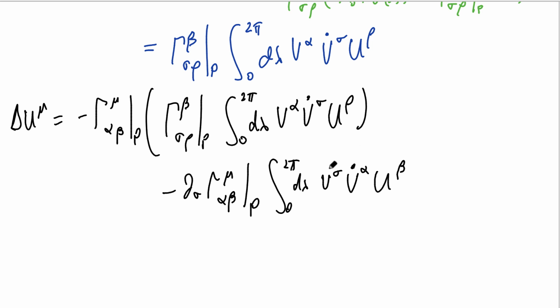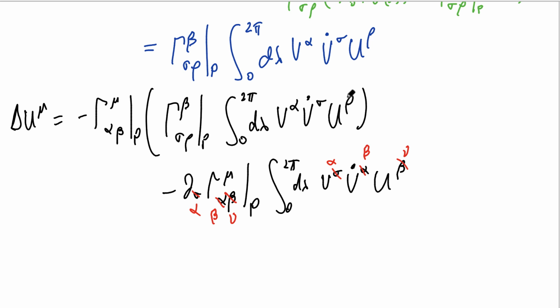So I'm going to replace some repeated indices. First of all, let's replace beta here with nu, and I'm going to replace alpha with beta. And here I will replace sigma with alpha. And I'll do the same thing for these terms.